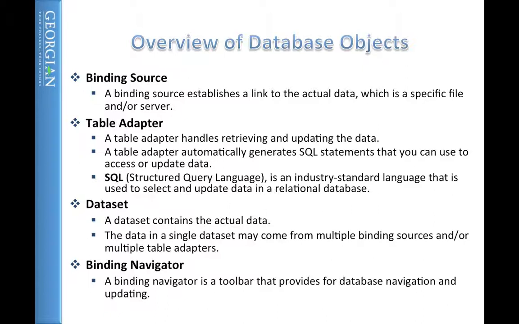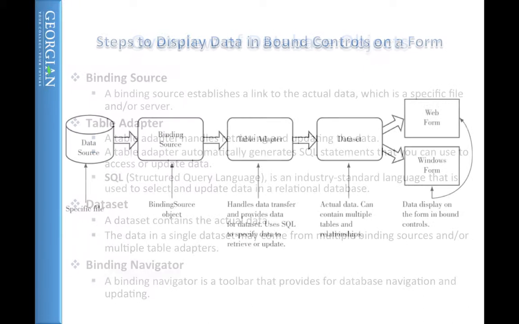That's where it's all housed, and it's usually done in memory when your actual application is loaded. Your binding navigator is one other thing you can use if you want to navigate. You can add this binding navigator to step through the data, for example to the next fields and so on. There's also another control that you can attach to your data, which we'll see in this section.